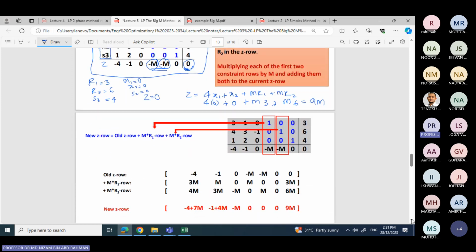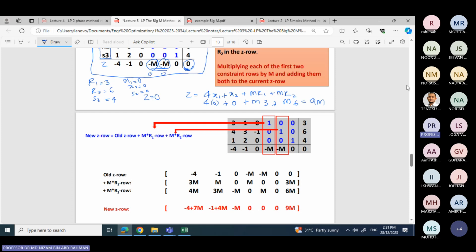To illustrate this, this is basically what's being done now. So we need to define a new Z row such that the multiplier of the Z for the R1 and R2 is 0. So this should be 0 and this should be 0.